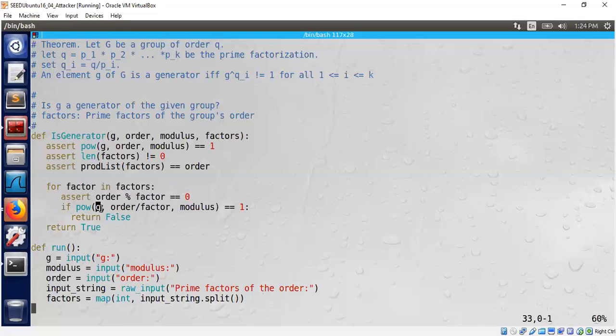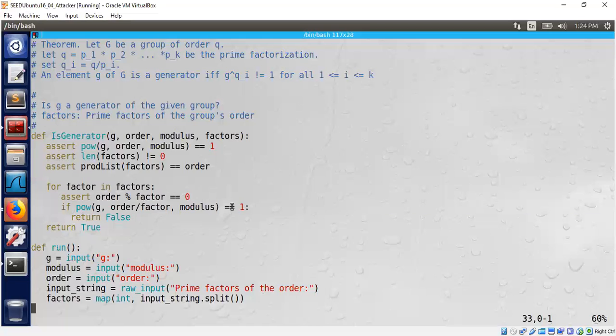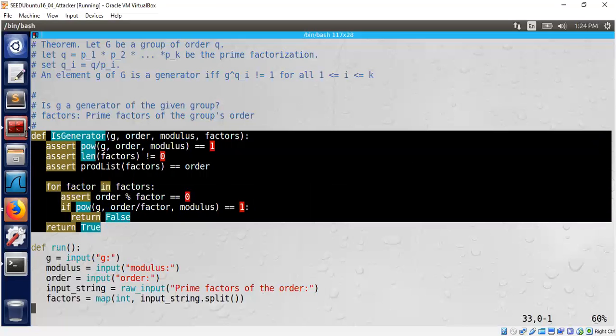It means that g is generating a subgroup of a smaller order. That means g cannot be the generator of the original group, so we can return false immediately. After we have tried all the prime factors, if none of them satisfies this condition, then we know for sure the original element g must be generating the group of the given order. That's the whole idea of this Python code.